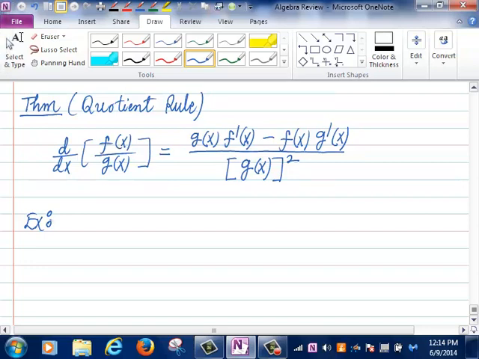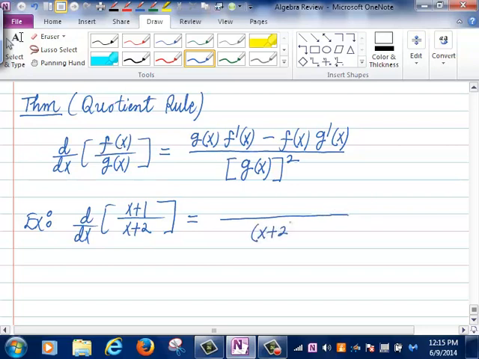So here's an example. Let's say I want to take the derivative with respect to x of x plus 1 over x plus 2. So let's say I want to find the derivative of this ratio. Well, my formula says in the denominator I will have the square of the denominator, so I get x plus 2 squared.